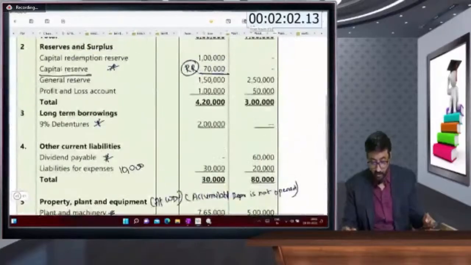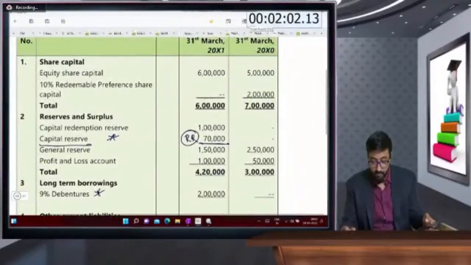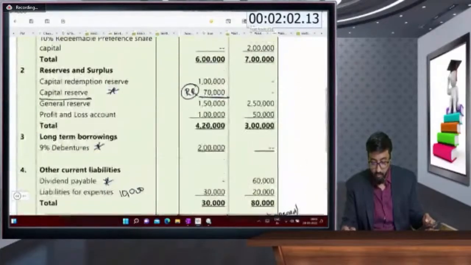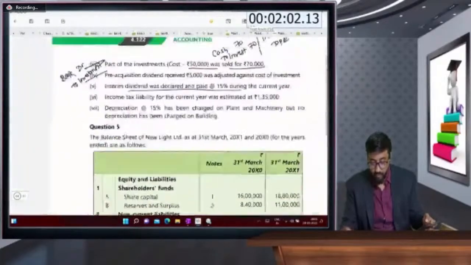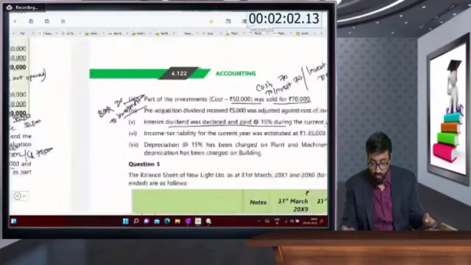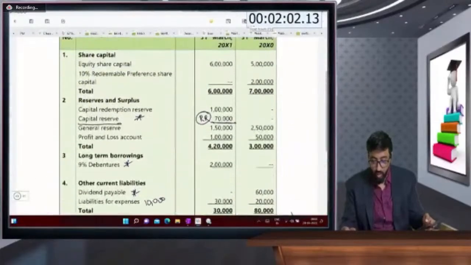Very good. So see, we will assume equity shares are issued on the first day. If it is issued on the last day or first day, we are not sure about that interim dividend, this 1 lakh. So we will assume these shares are issued on the first day.